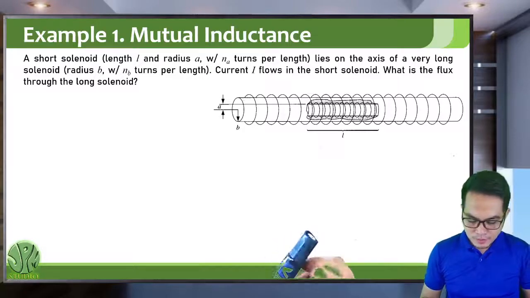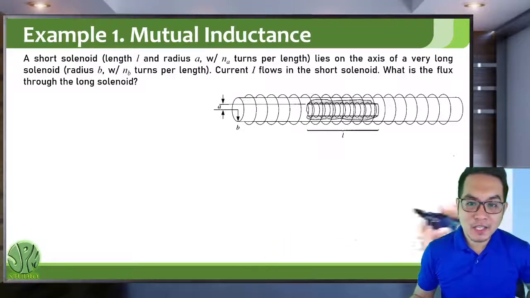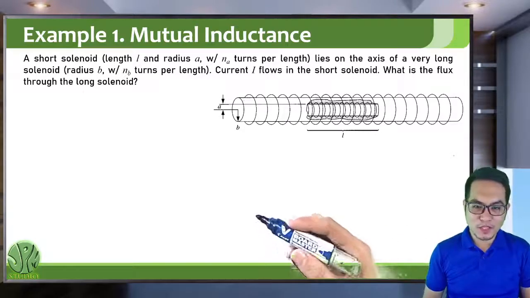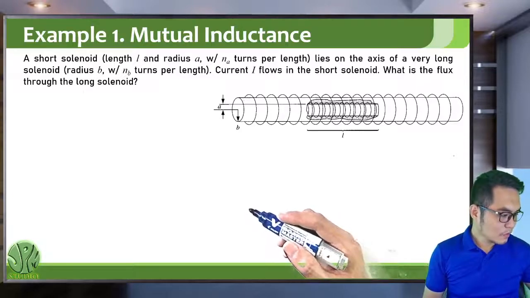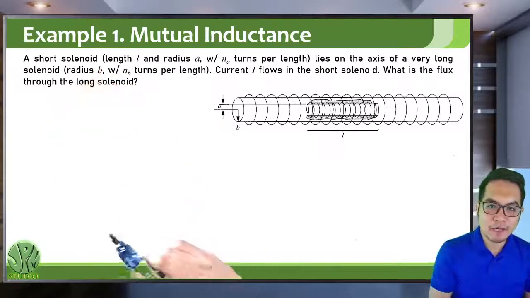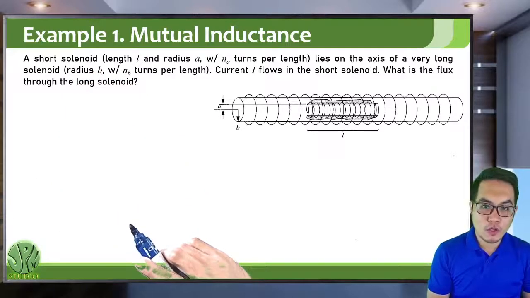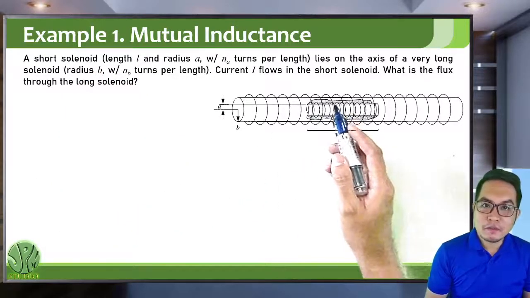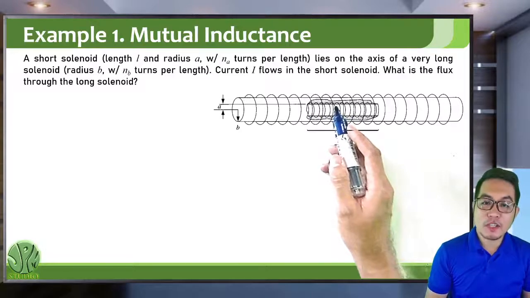Okay, so this is a problem for mutual inductance. There are two coils here. We are asked to find the flux in the long solenoid due to the magnetic field of the short solenoid.